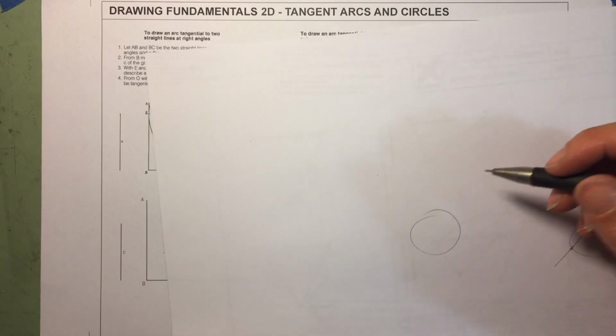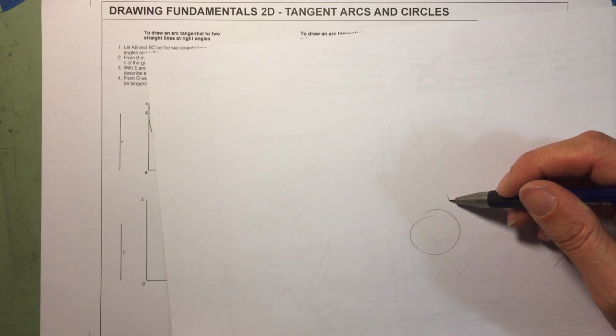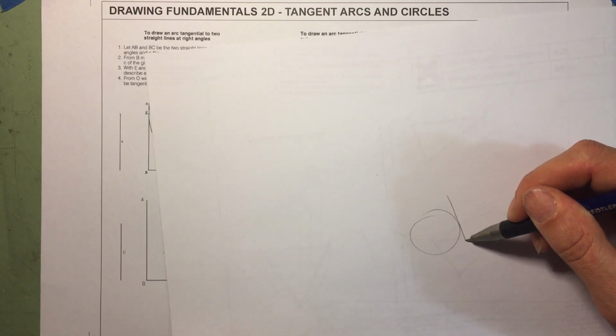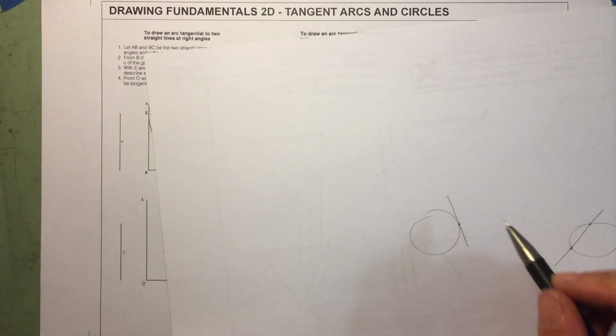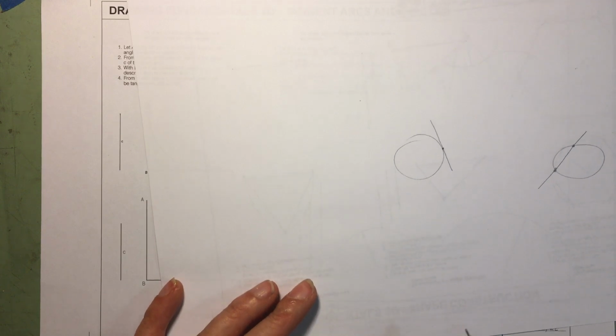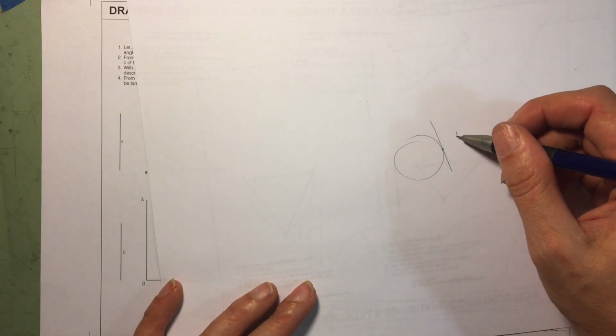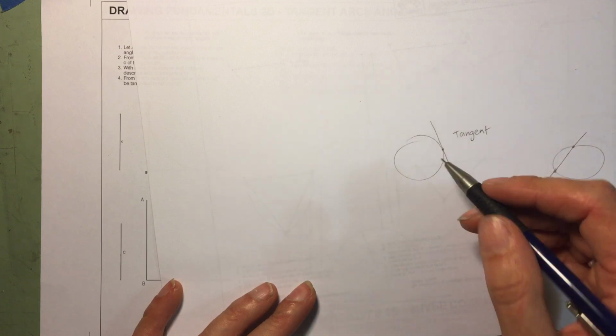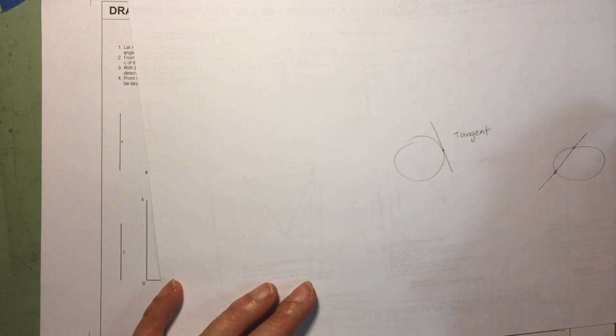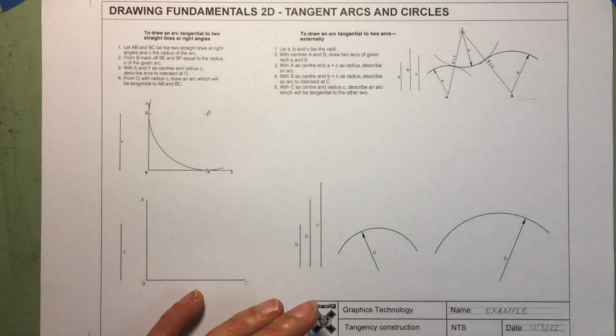If it touches it only at one point and then continues on outside, it's a tangent. So this is a tangent line. And you're going to learn to draw lines, both arcs and straight lines, that are tangent. Mainly arcs, to straight lines.